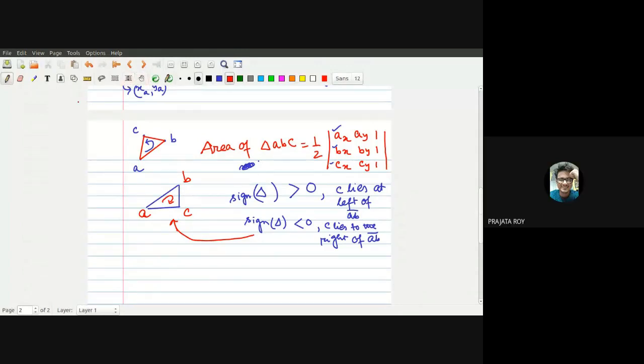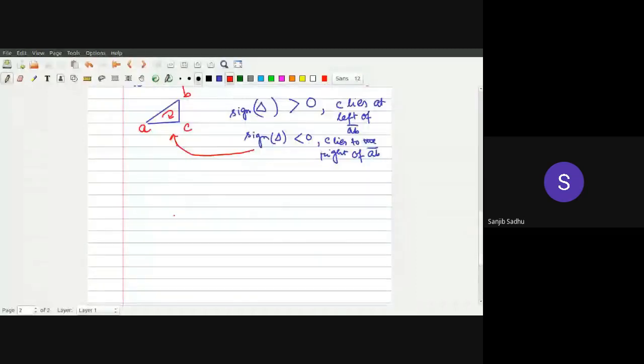Okay. Now next, can you tell me how you can tell whether, just a minute, this is a line AB. Now suppose this is CD. AB and CD are intersecting. Clear?